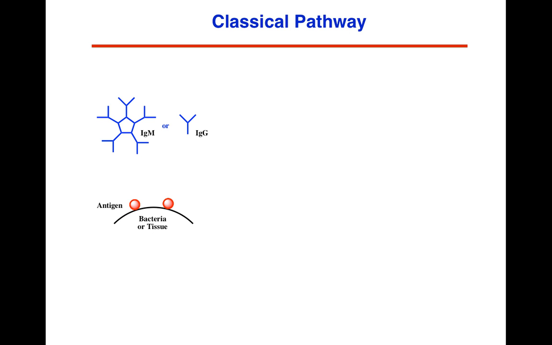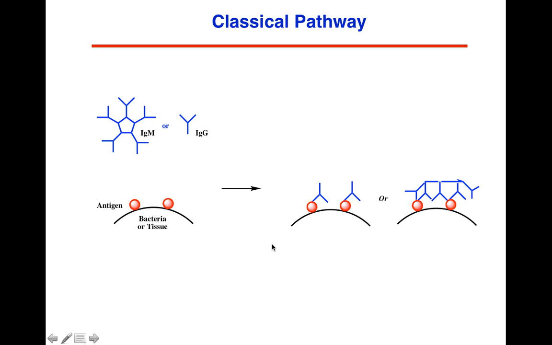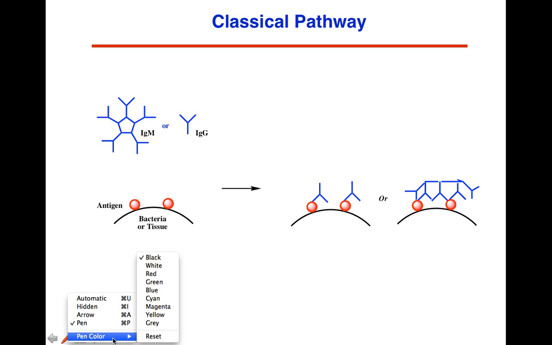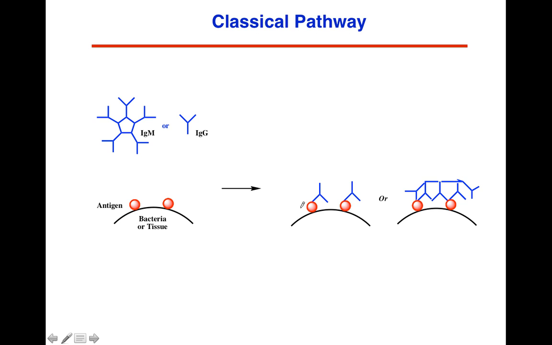All right, and if they bind to IgG, they will bind, and their Fc regions are going to be accessible. They're going to be pointing outside of where it's bound.